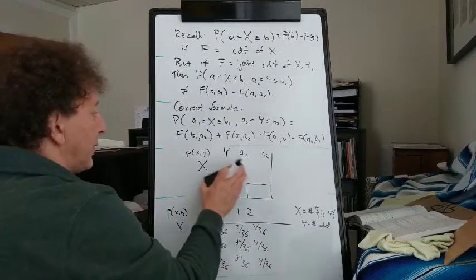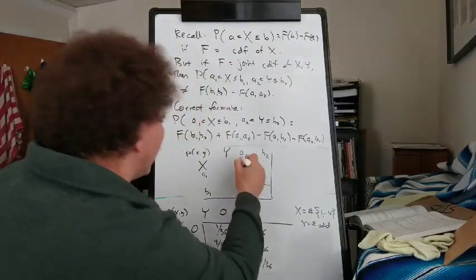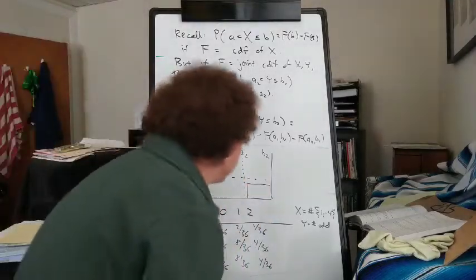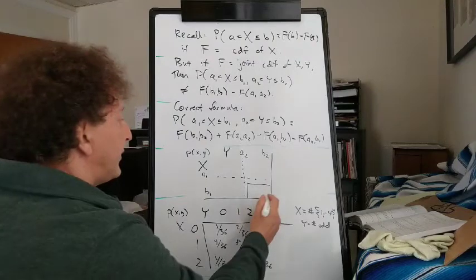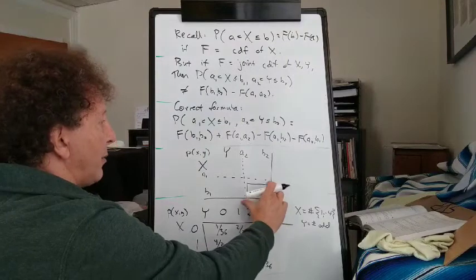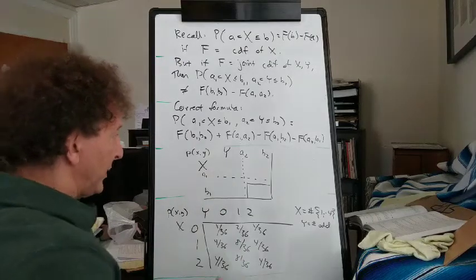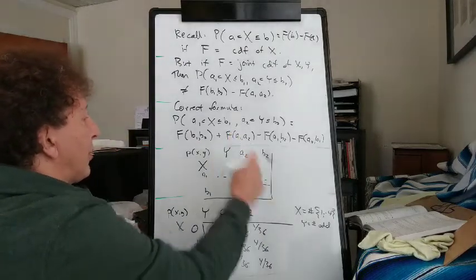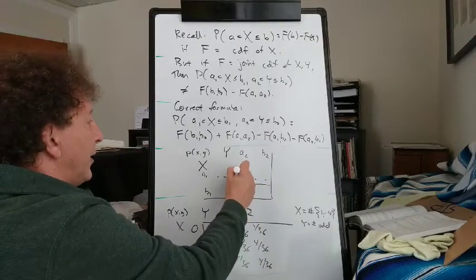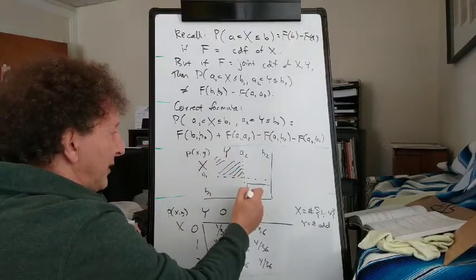So just a little bit bigger than a1, just a little bit bigger than a2. I want everything in this range. So if we take capital F of B1, B2, then that's the sum of all the numbers in this probability mass table, or this one. And then if we subtract the lower one, then we're going to get everything except for this region. But that's not what we want. We don't want everything except for this region. We want precisely what's in this region.